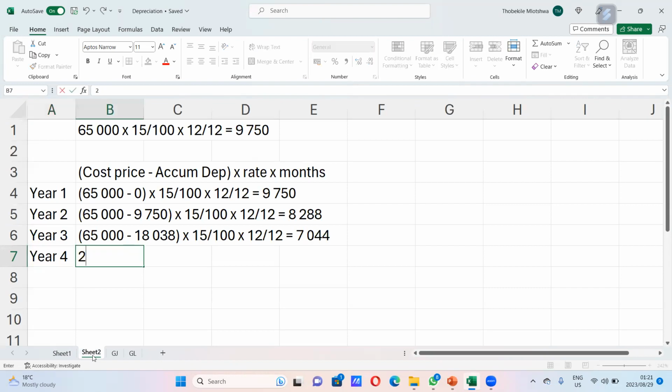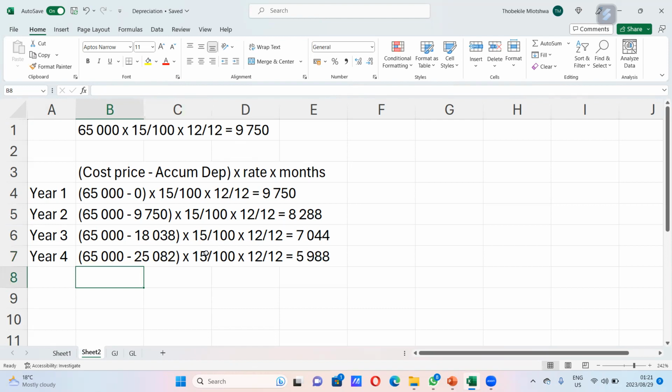25,082, times 15 over 100 times 12 over 12. And that gives us 5,988.